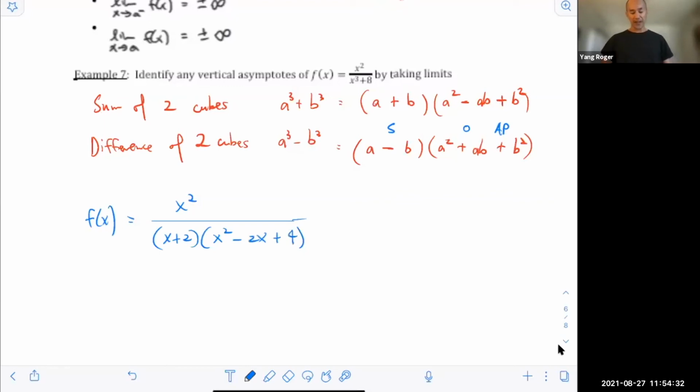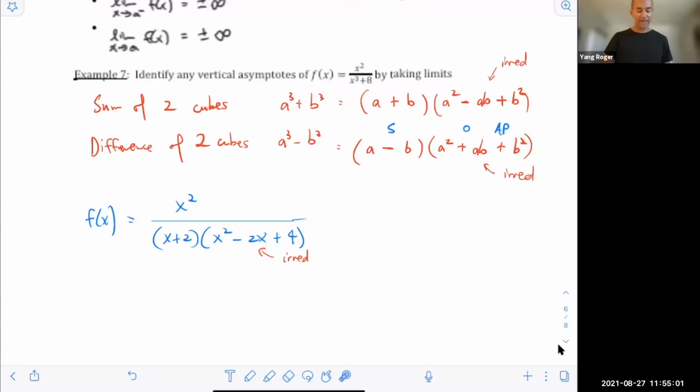Now, the cool thing about the sum of two cubes is that the second factor here, these guys are all irreducible. Irreducible means you can't factor it anymore. So when I try to find the vertical asymptotes of this guy, I don't have to worry about this because this can't be factored any longer.